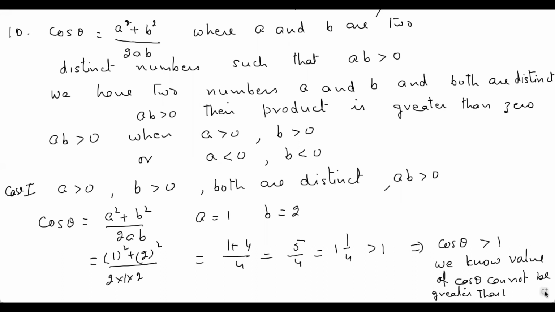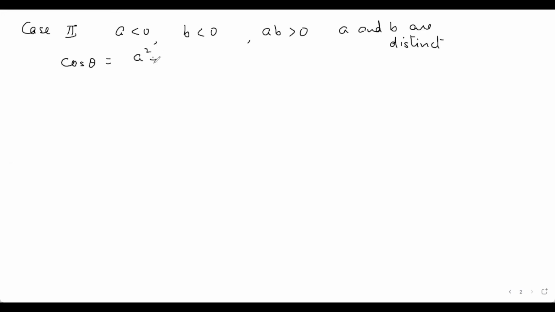On the next page, I'm going to discuss case 2. Now the second case is when A is less than 0 and B is less than 0. Then their product AB is greater than 0. And A and B are distinct. Now cos theta is given A square plus B square upon 2AB.